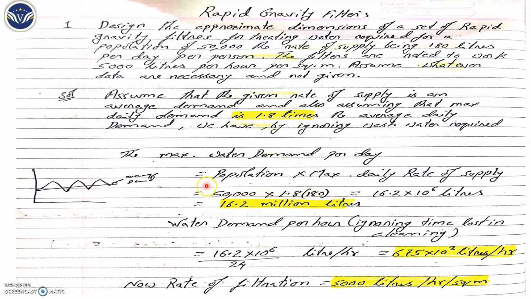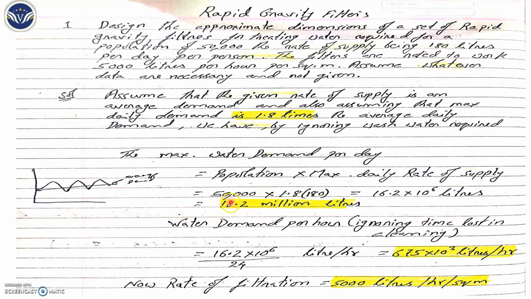The first step is to calculate how much water is needed per day. That can be calculated as population into maximum daily rate of supply.